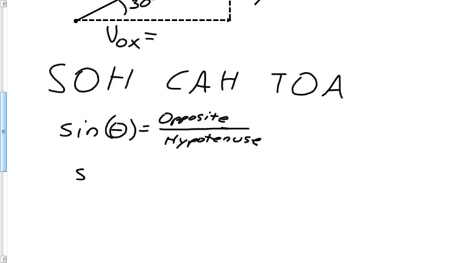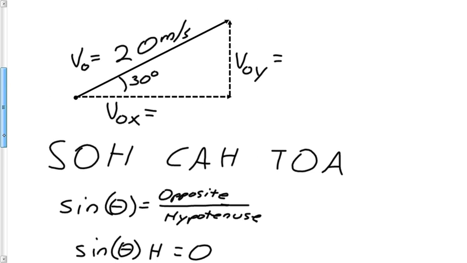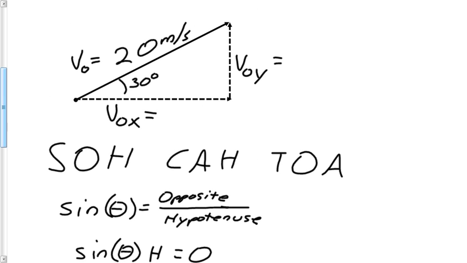So that means that the opposite side is equal to sine of theta times the hypotenuse. If I look at this triangle here, this is the opposite side, this is the adjacent side, and this is the hypotenuse.